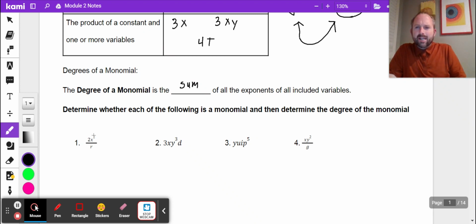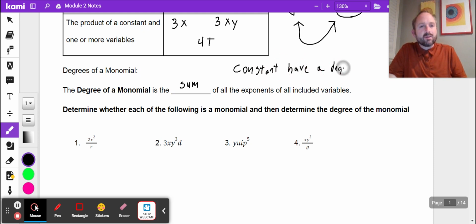So I look right here, I'm like, all right, I have this x squared, and I forgot to remember. Let me write this down. Constants, or just the regular numbers, have a degree of 0. So we don't add them. So we go over here. We see this r is downstairs, so he has a negative exponent. So not a monomial.